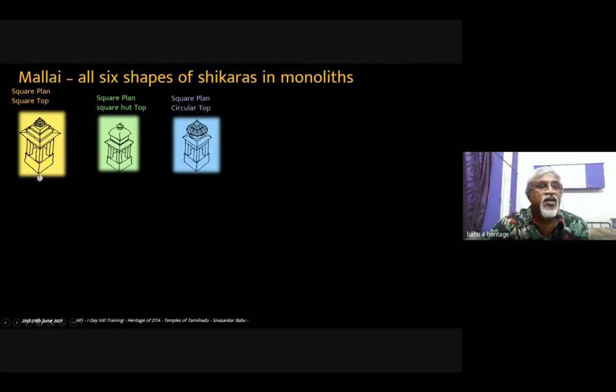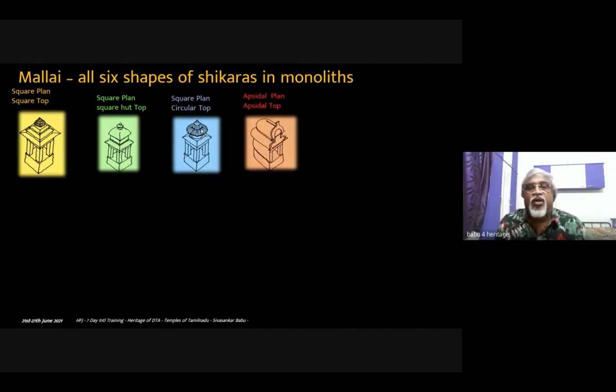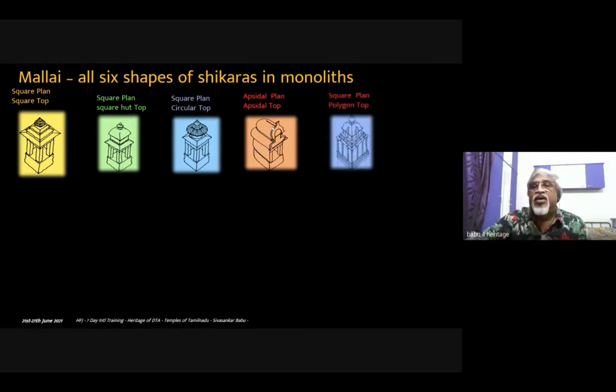We have a square plan with a square top, a square hut top on a square plan, and an Amalaka on top of a square plan. Or it can be an apsidal plan with an apsidal top, or a square plan with a polygon top. This is a classical Dravida temple.